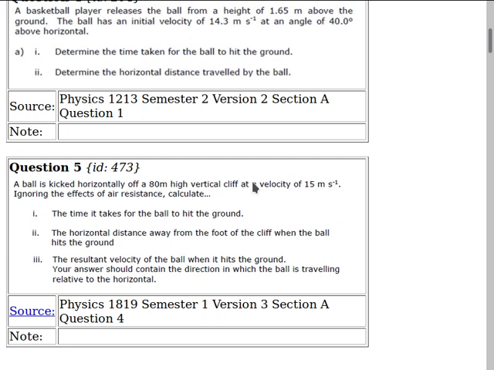Because projectiles is quite a difficult topic, I don't want to start a new topic today. So I want you to use the 20 minutes that's left to try and get those 5 questions done now. If you don't finish them, you have to finish them at home. If it takes you 4 minutes per question, you could get them all done now.